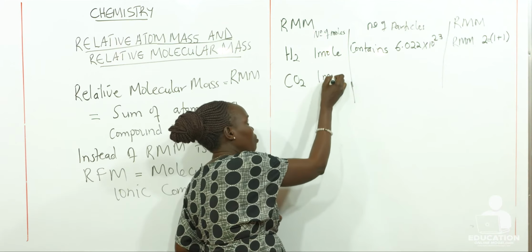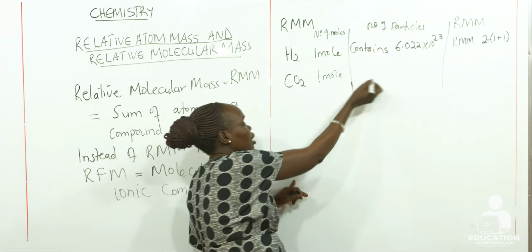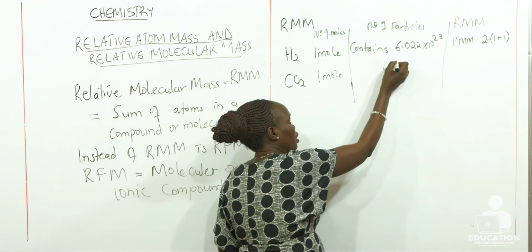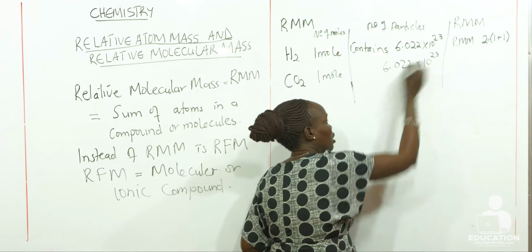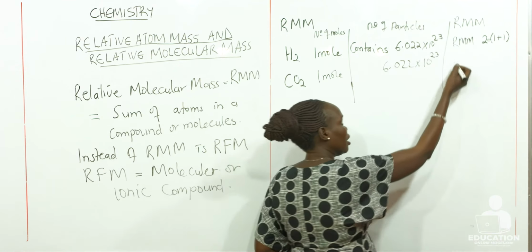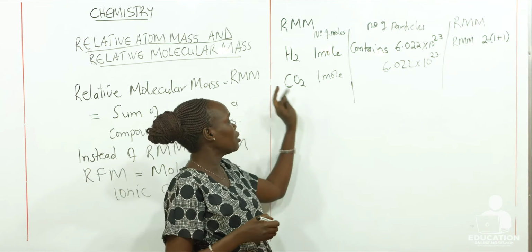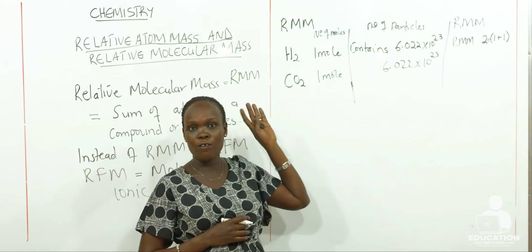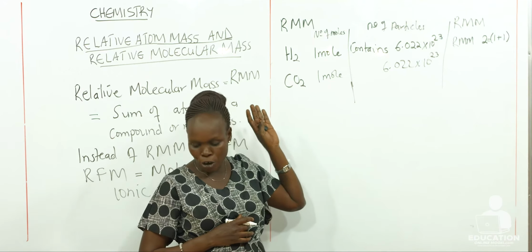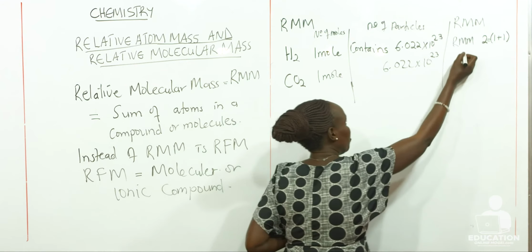Here we have 1 mole of this compound. Then it will contain 6.022 times 10 to power 23 particles. Then the relative formula mass will be the relative atomic mass of carbon plus that of the 2 atoms of oxygen. So in this case, we shall have 44.